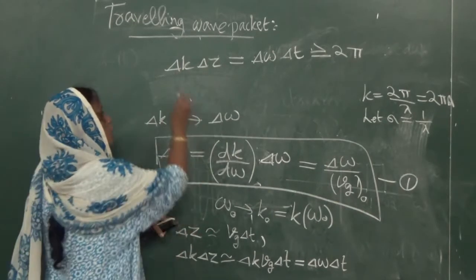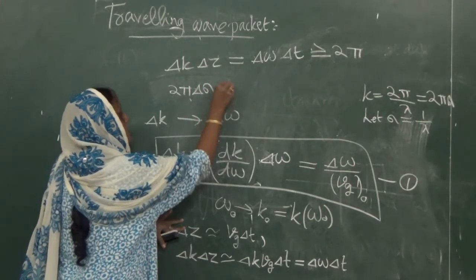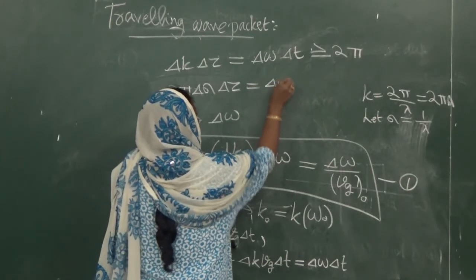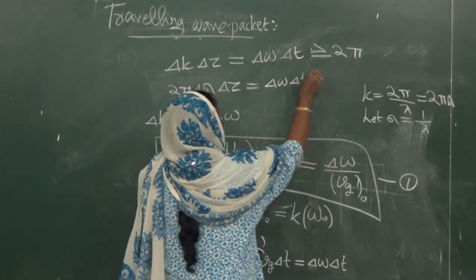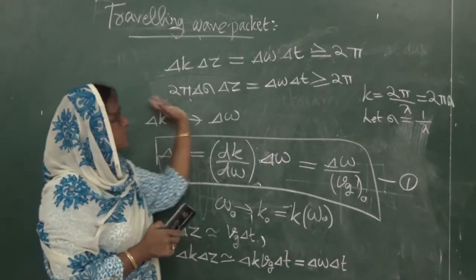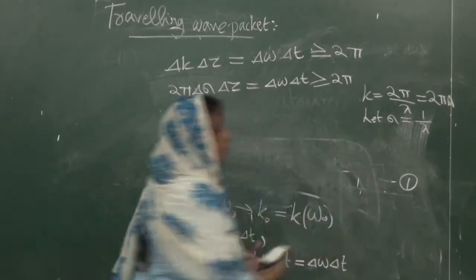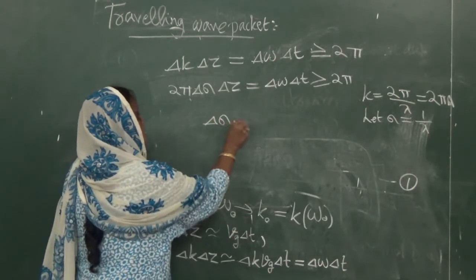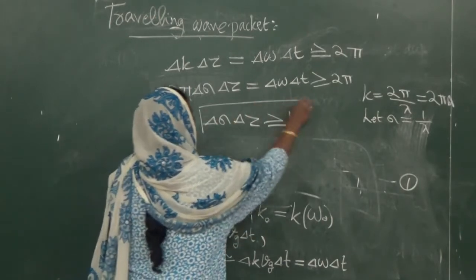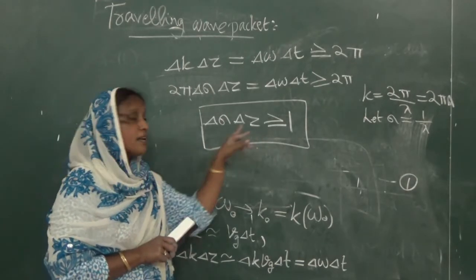So 2 pi delta sigma delta z equal to delta omega delta t, which is greater than or equal to 2 pi. Now we can cancel 2 pi from both sides and we get delta sigma delta z greater than or equal to 1. This is the equation for a traveling wave packet.